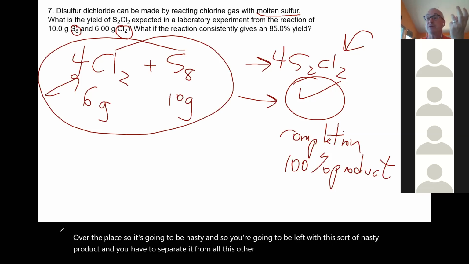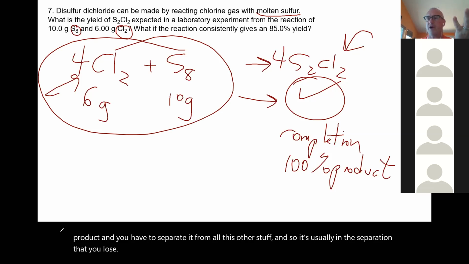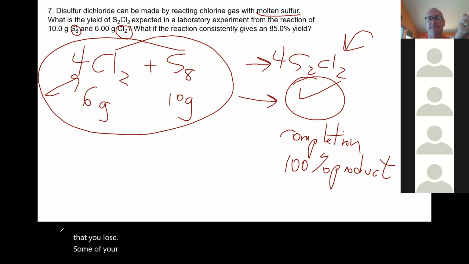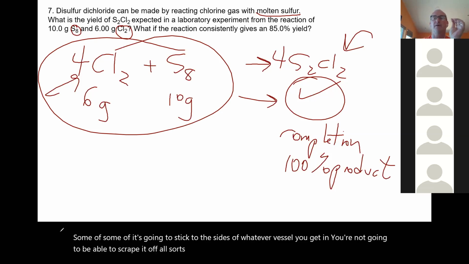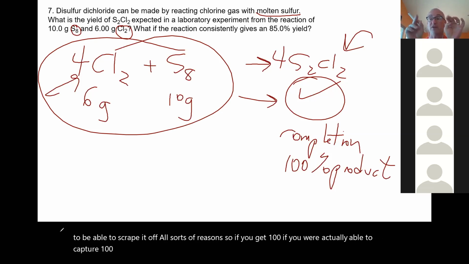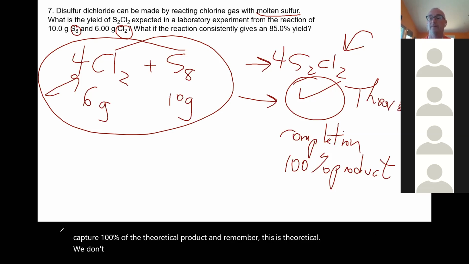And so it's usually in the separation that you lose some of your product. Some of it's going to stick to the sides of whatever vessel you're in. You're not going to be able to scrape it off. All sorts of reasons. So if you were actually able to capture 100% of the theoretical product, and remember, this is theoretical. We don't actually know.